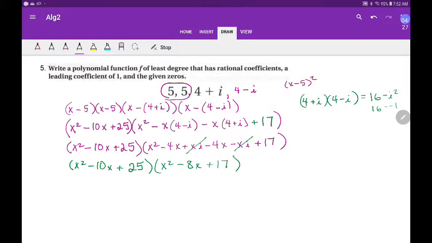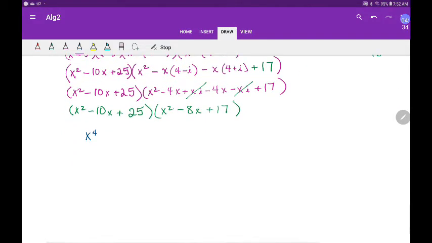And now we'll put them together. So we say x squared times x squared. That's x to the 4th. And I have x squared times negative 8x. So that's negative 8x to the 3rd. And x squared times 17. So I have 17x squared. Now it's negative 10x's turn. So I say negative 10x times x squared is x to the 3rd.